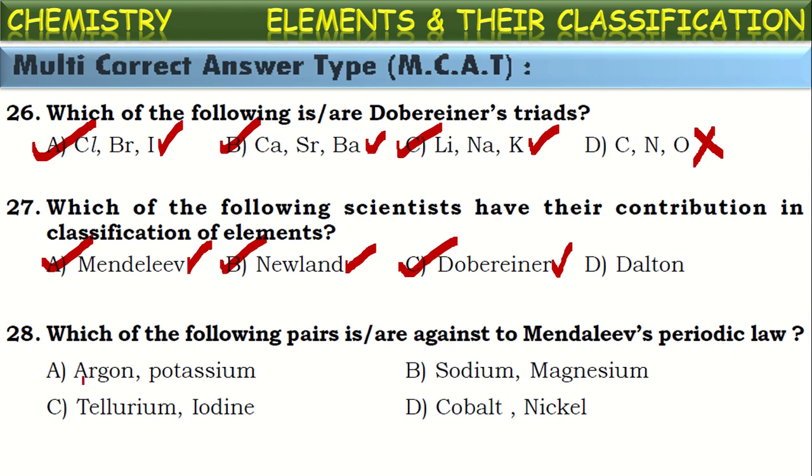So here he did not follow his principle or periodic law. Such pairs of elements where Mendeleev's periodic law failed to be followed are called anomalous pairs of elements. One of those is argon and potassium. And the next, tellurium and iodine is also one more pair. And in the same way, cobalt and nickel.